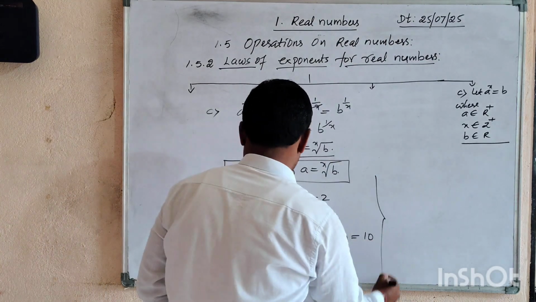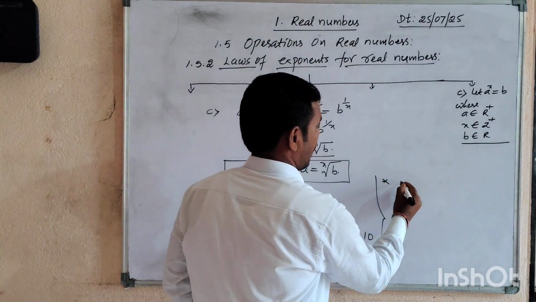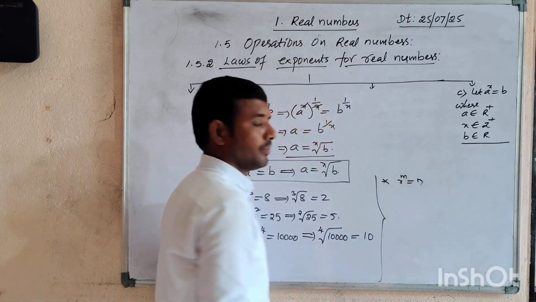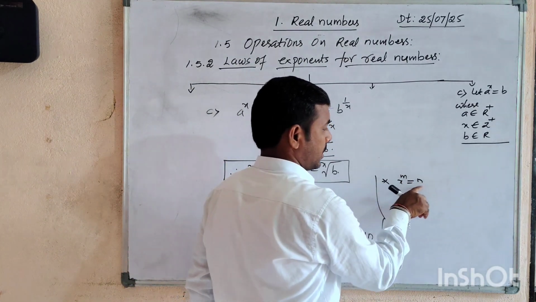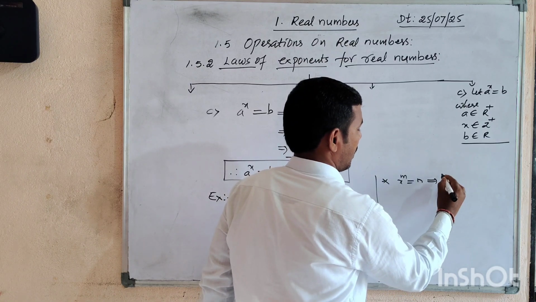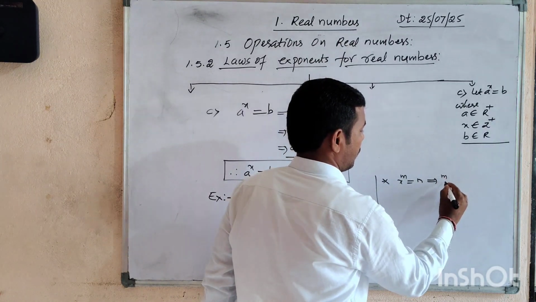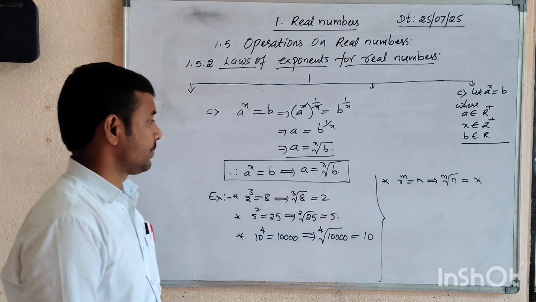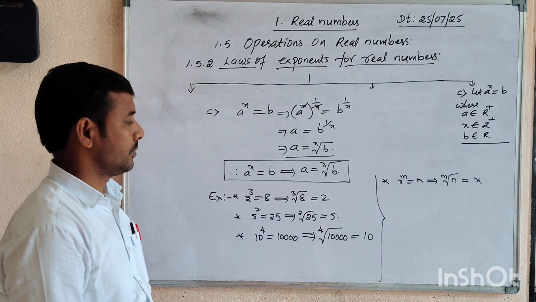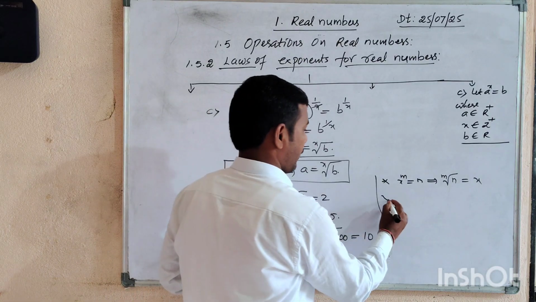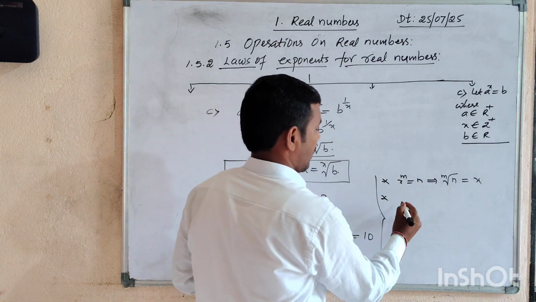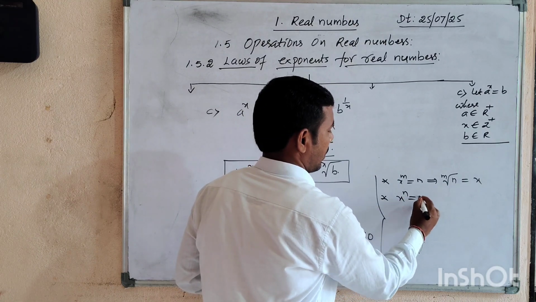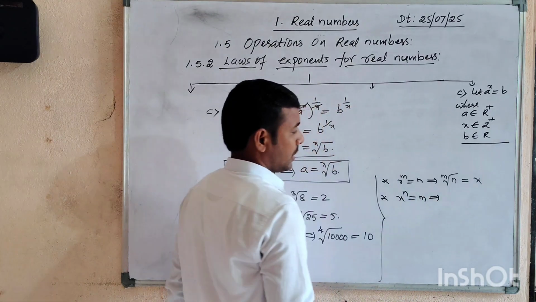So, one more example. Suppose x to the power of m is equal to n. Then mth root of n is equal to x. One more, pay attention everyone. Suppose x to the power of n is equal to m. What is the answer?